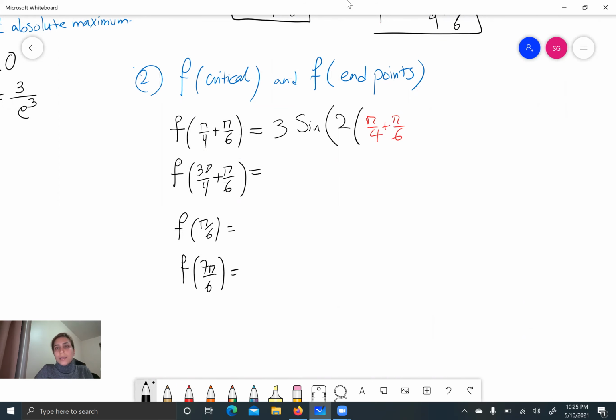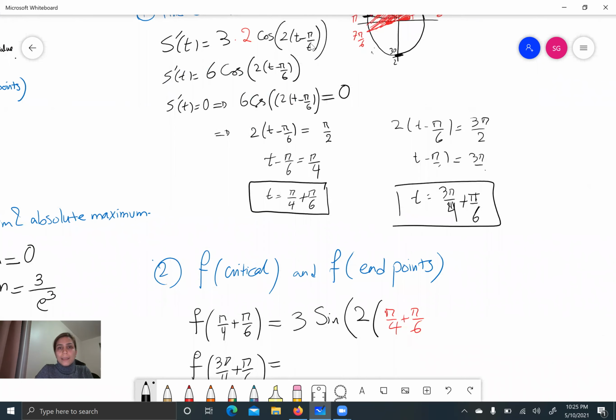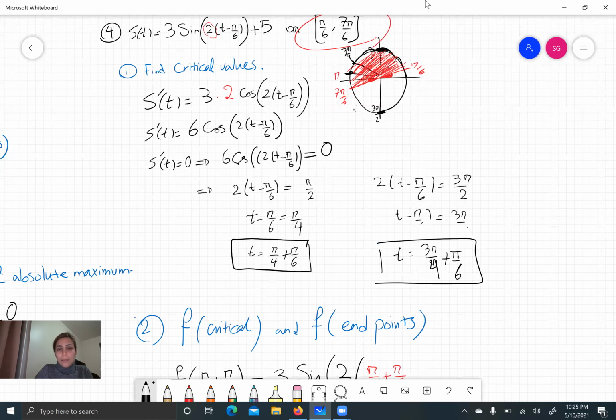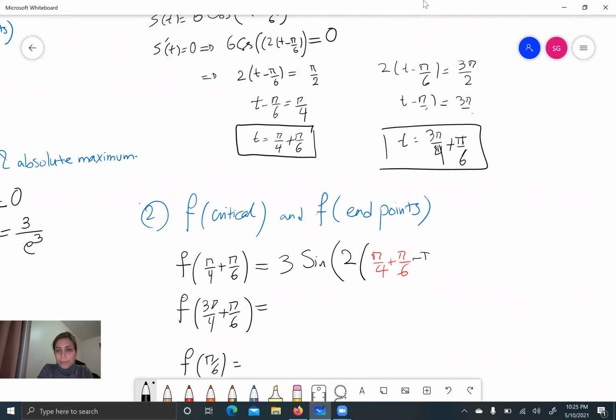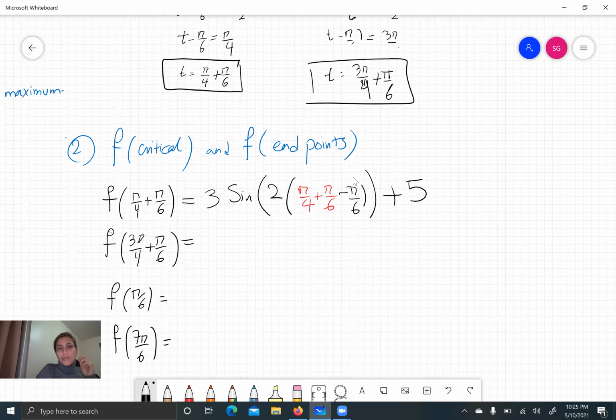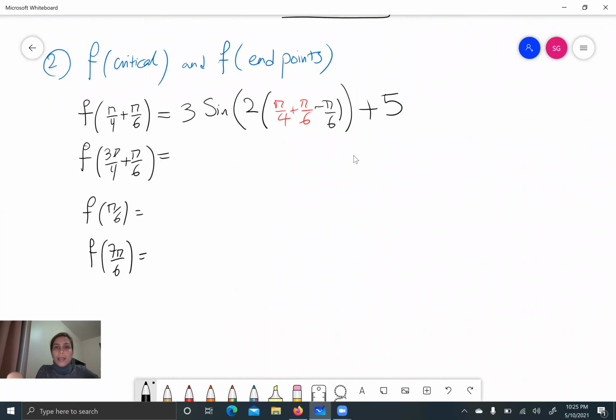And then what's the rest in the formula? t minus pi over 6 and then plus 5. Okay, so I just substitute this input value into the formula of the function. Now let's do it. So this by this goes, and then this is going to be 2 times pi over 4, which is pi over 2. Sine of pi over 2 is 1. 3 times 1 plus 5 is 8.